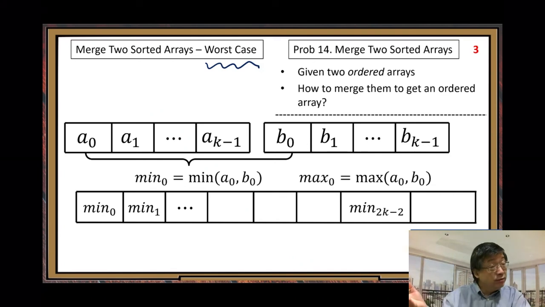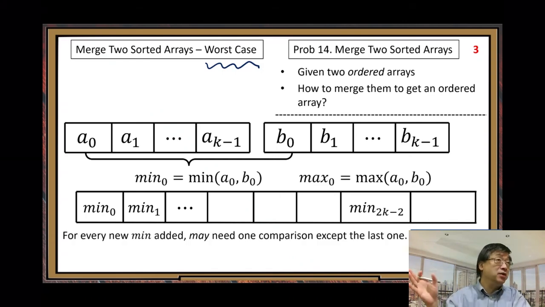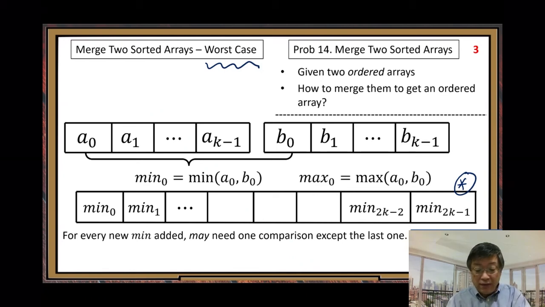So we don't need to do any comparison when we reach the very last element. So before the last element, for every new min added into the destination array, we may need one comparison, except the last one. If we can get that to happen, then that is our worst case.